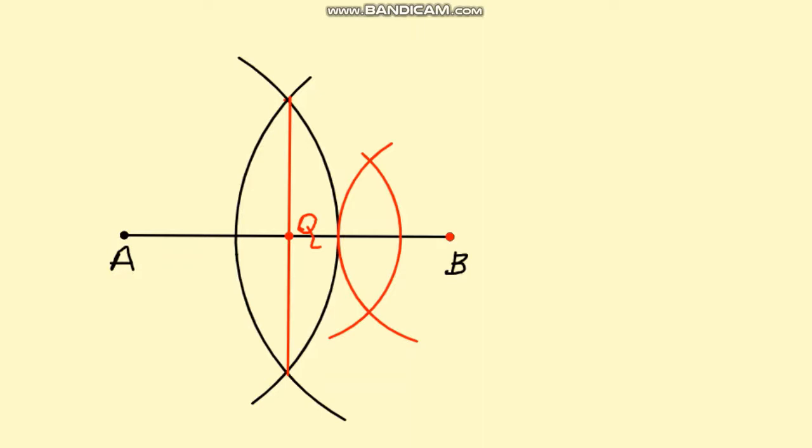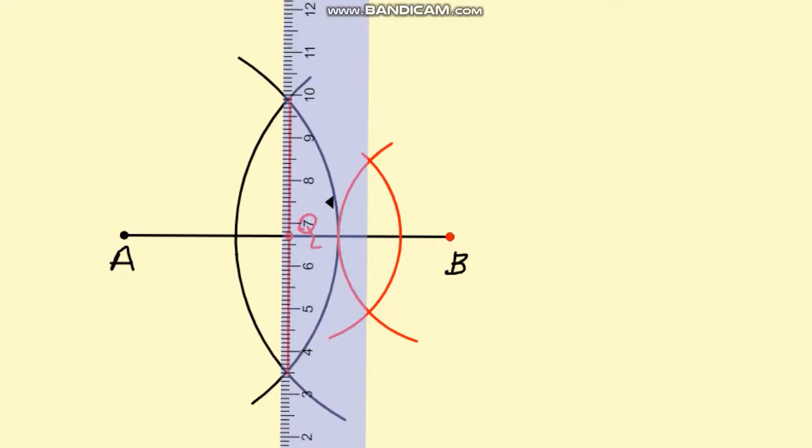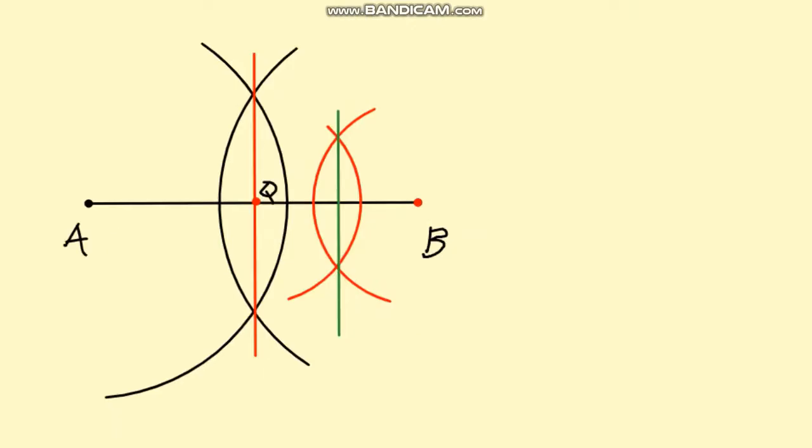If you join these 2 points, you will again get a point on AB. This point will be equal to your R.